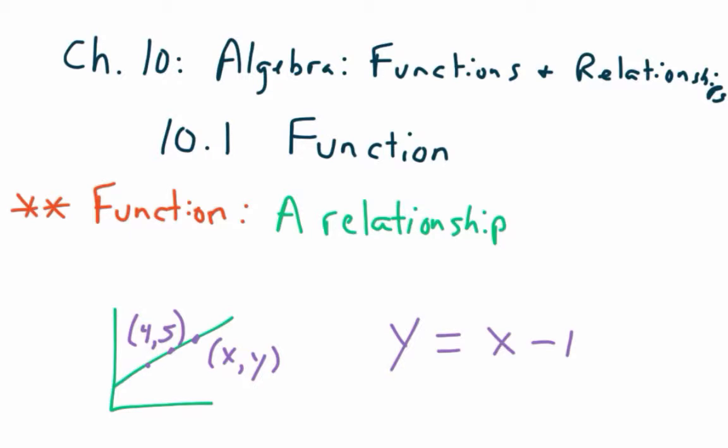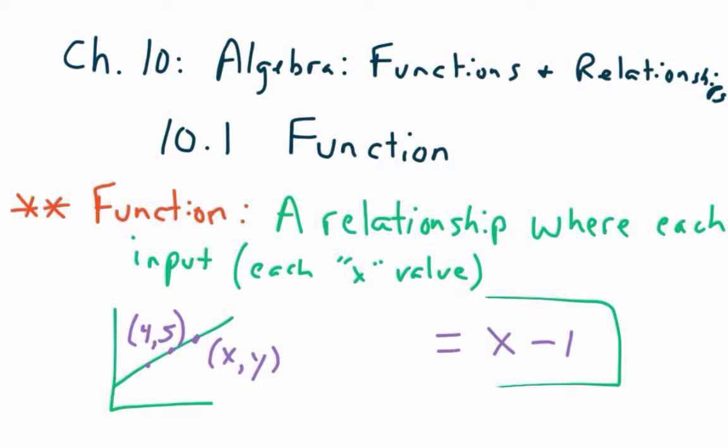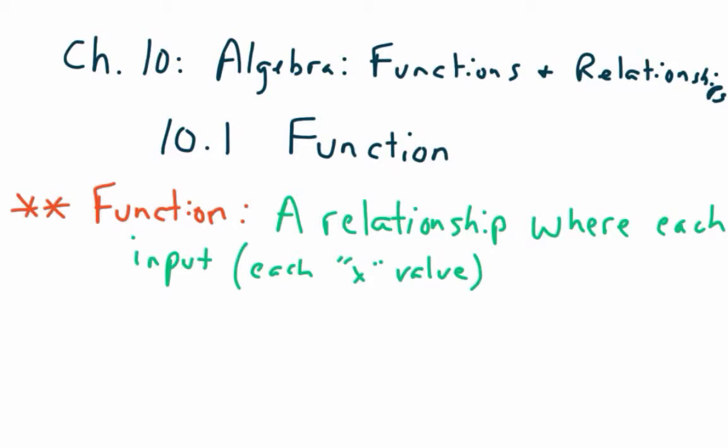A relationship where each input. When we have an equation like this, usually we put a number in for one variable and then find the other variable. Usually we put a number in for x. So the input is, I'll write in parentheses, each x value. Sometimes you'll have some other letter than x, but typically it's the variable that's sandwiched in with all the numbers, not by itself on the other side of an equals.